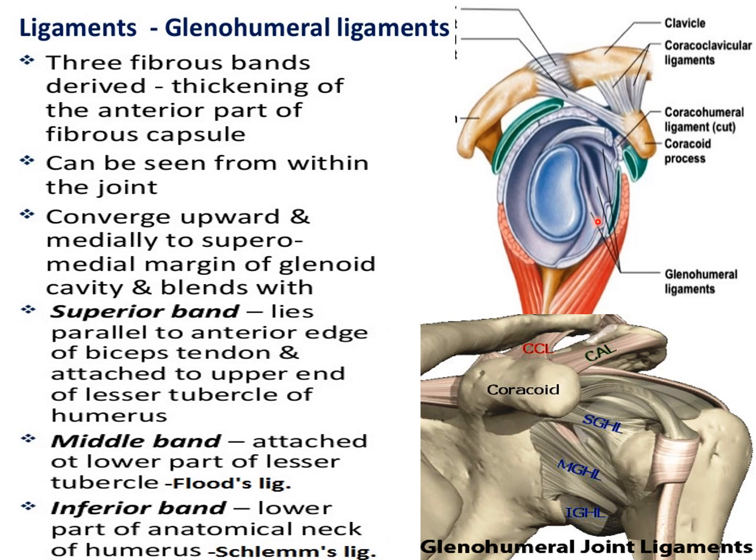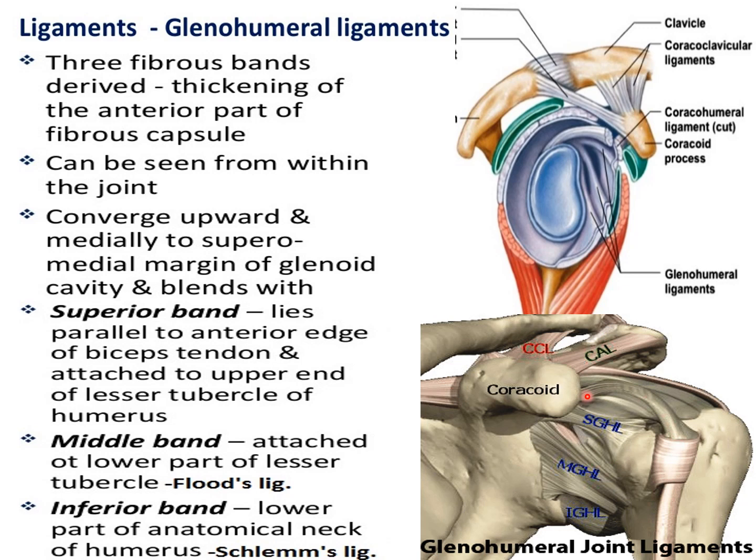And they converge upwards and medially to the superomedial margin here of the glenoid cavity and blend with the fibrous capsule. The superior band, this one, lies parallel to the anterior edge of the biceps tendon.